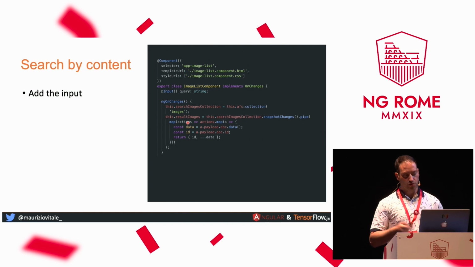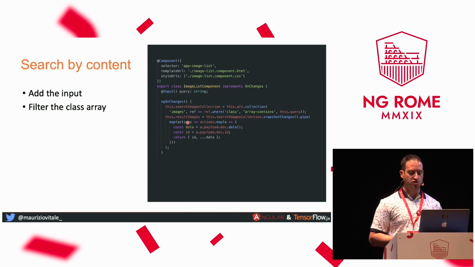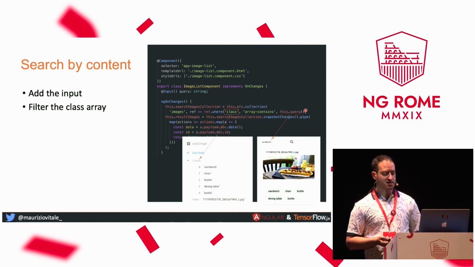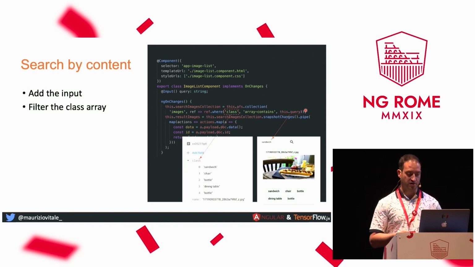Instead now, we can get all the items within that collection where the class, which is an array, contains this key, where the query is the key that you write inside the input field, and the class is the array that we store on the database.